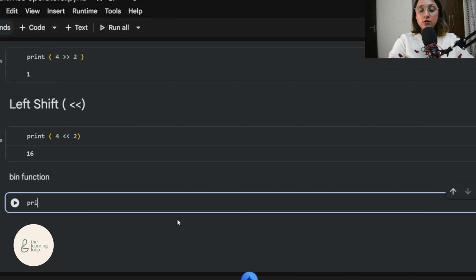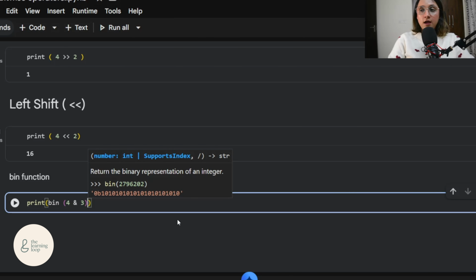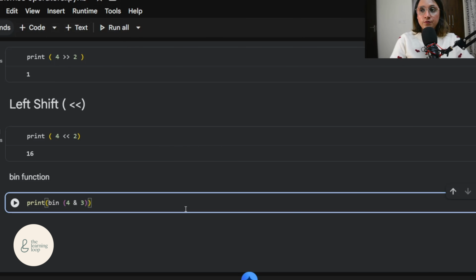You can use the bin function. So you can write bin, and let's say you write 4 and 3. Okay. And I'll print a message as well in front of it. Binary bits. Okay.